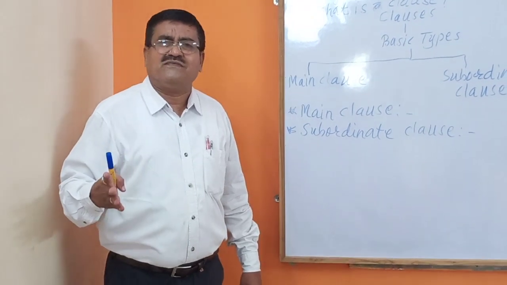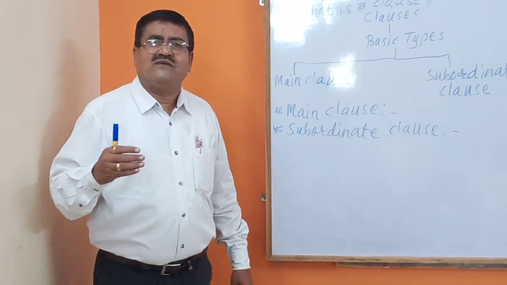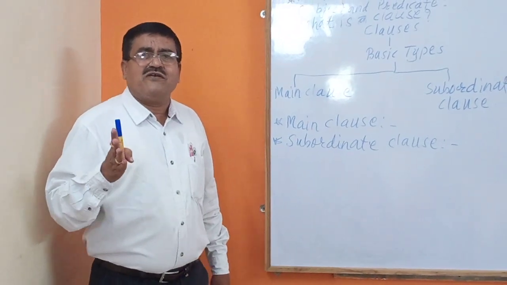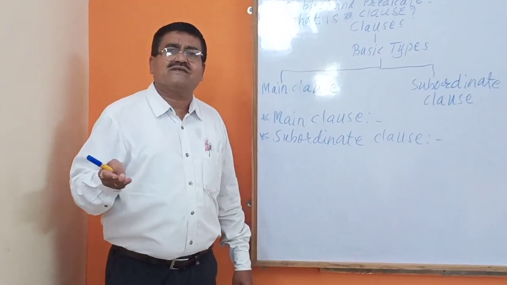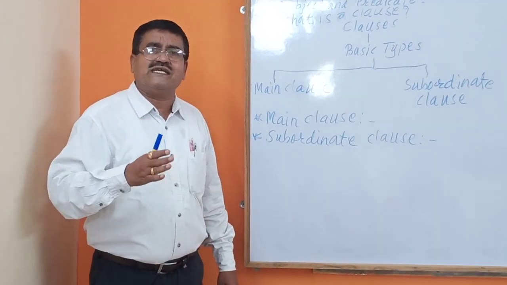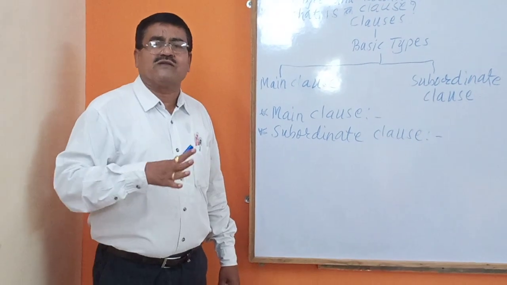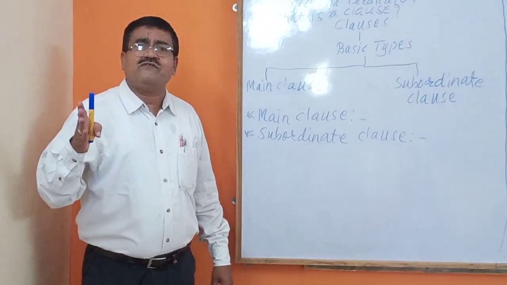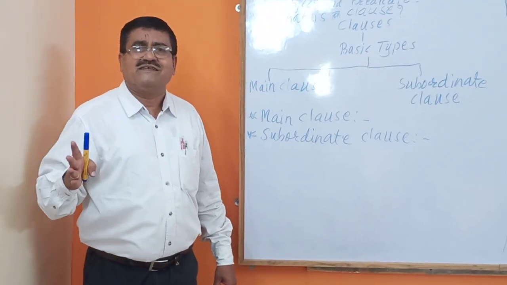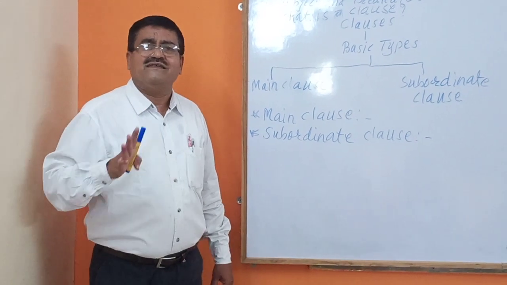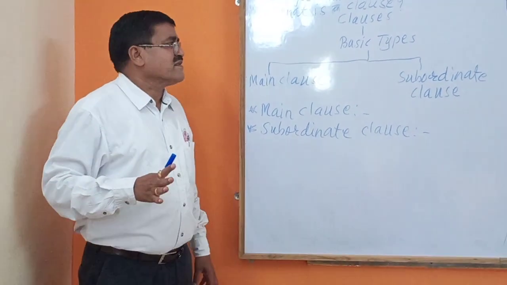Subordinating conjunctions connect the subordinate clause with the main clause. Or sometimes subordinating conjunctions are omitted. They are not there in the sentence.